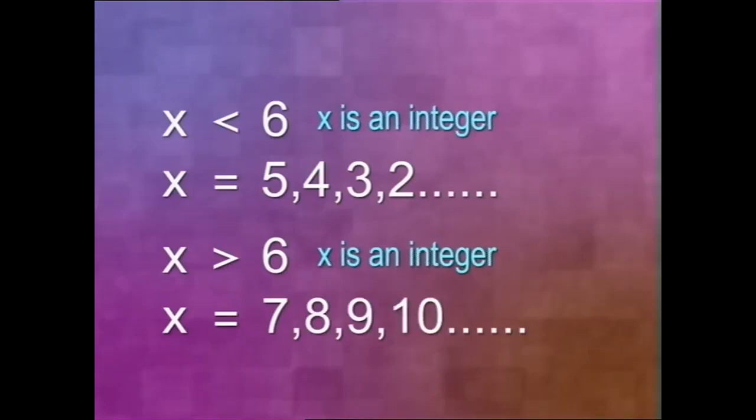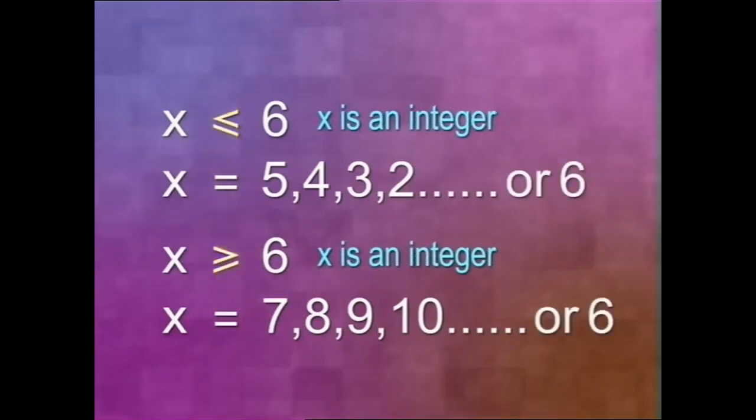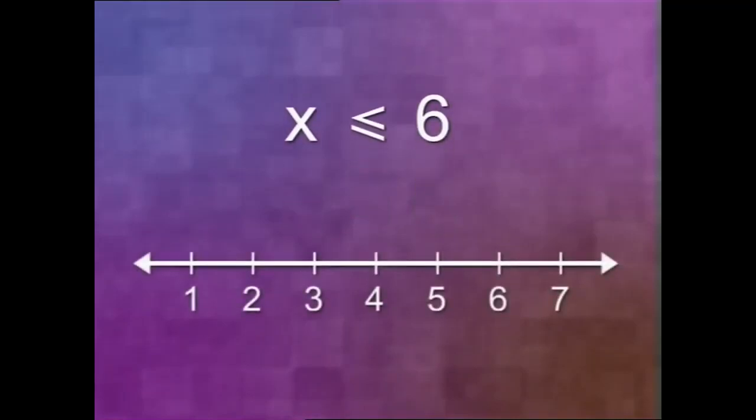If we want to include 6 as a possible value of x, then we have to use these symbols, less than or equal to, greater than or equal to. When x is less than or equal to 6, the values of the unknown can be represented on a number line as we see here. The number line is the graphical representation of the inequality.